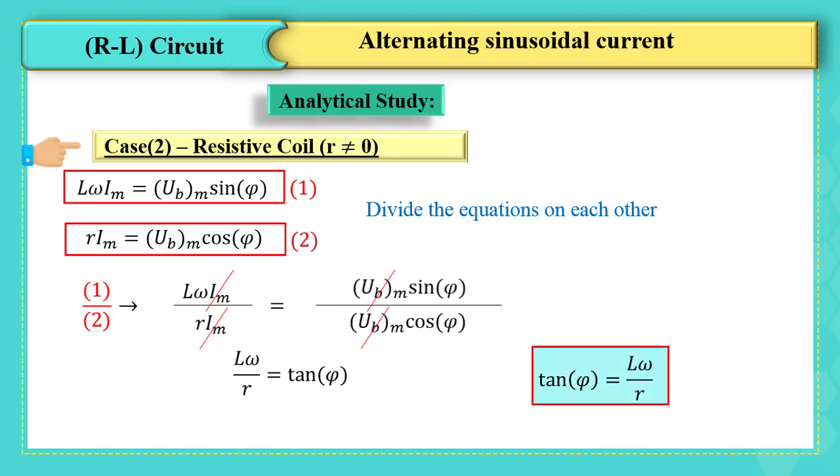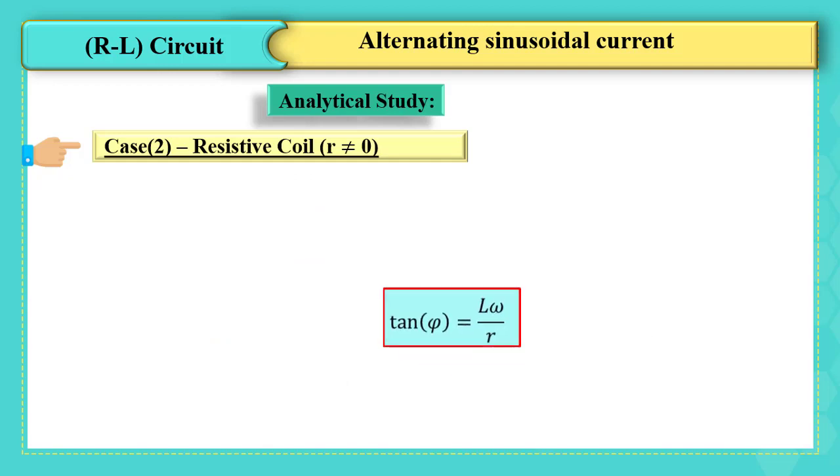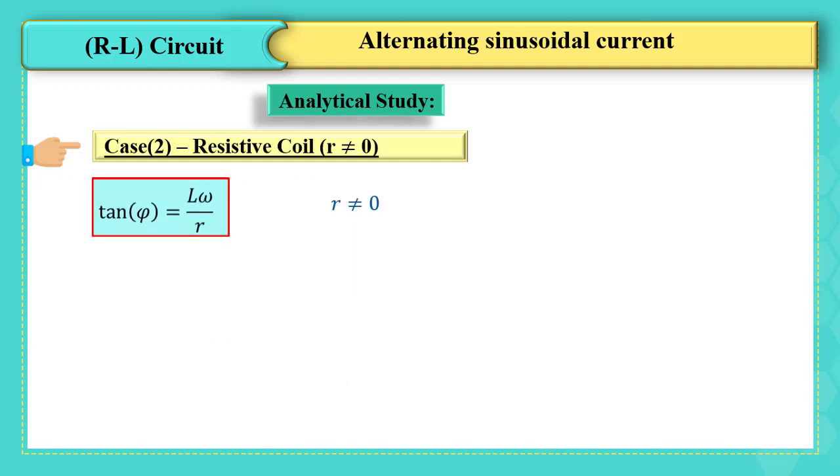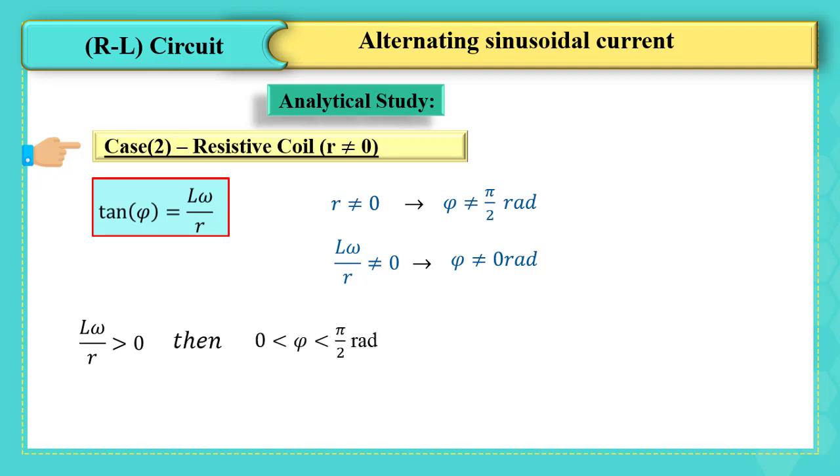So using the equation tangent phi equal L omega over R, and for R different than 0, we can conclude that phi is different than pi over 2, and for L omega over R different than 0, phi is different than 0 radian. So for L omega over R greater than 0, phi is between 0 and pi over 2. So the phase difference of UL with respect to i is between 0 and pi over 2.